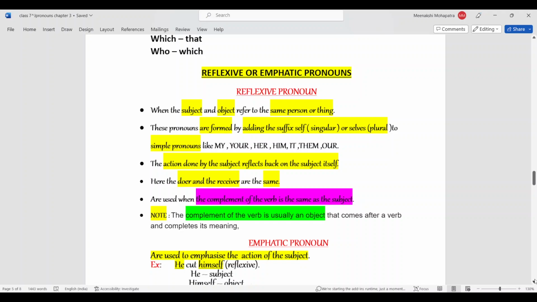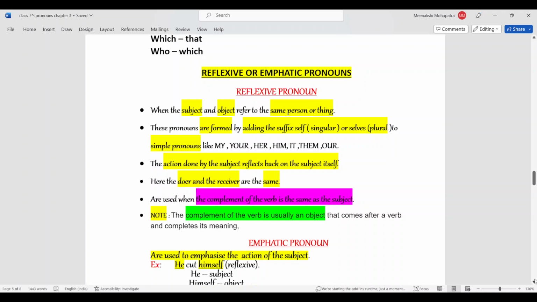These pronouns are formed by adding the suffix self for singular or selves for plural to simple pronouns like my, your, her, him, it, them, our. So like my becomes myself, your becomes yourself, her becomes herself, him becomes himself, it becomes itself, them becomes themselves, our becomes ourselves. Now, depending on singular and plural, they become self or selves.